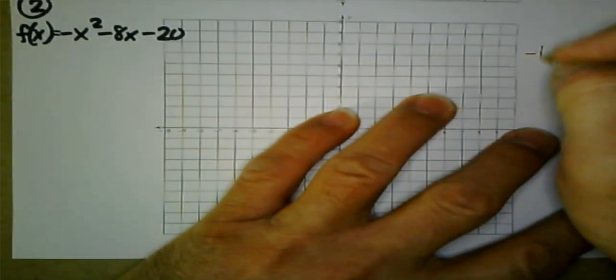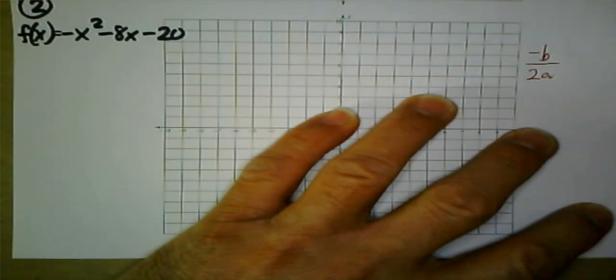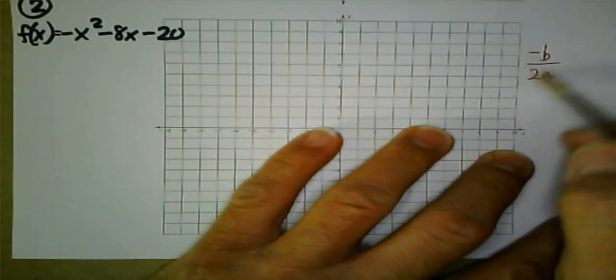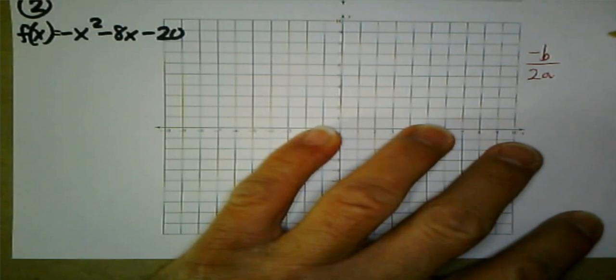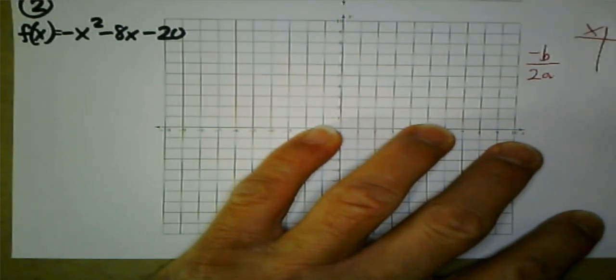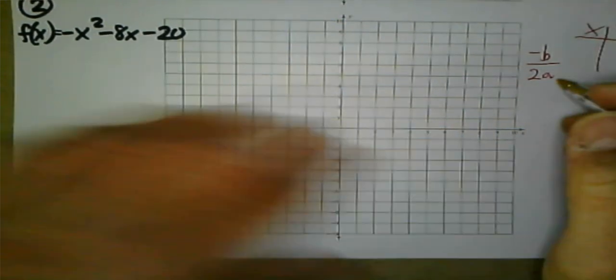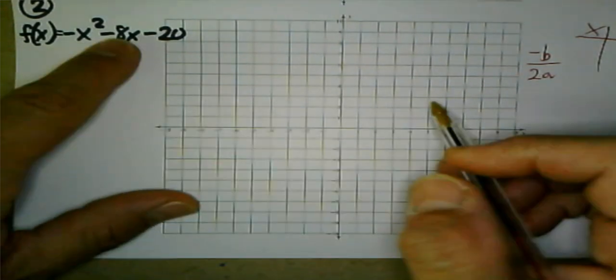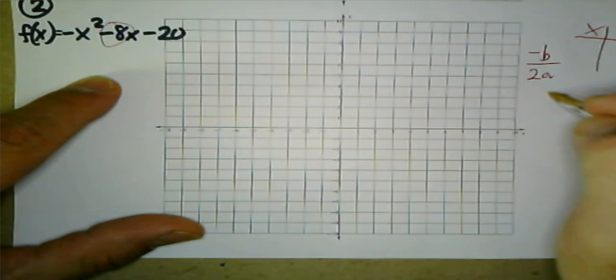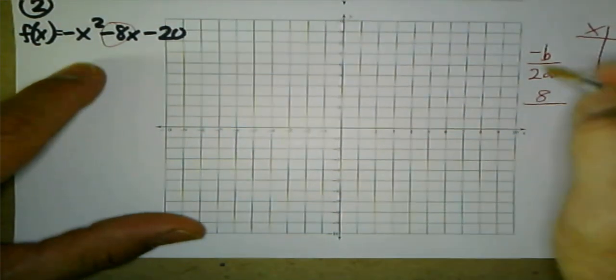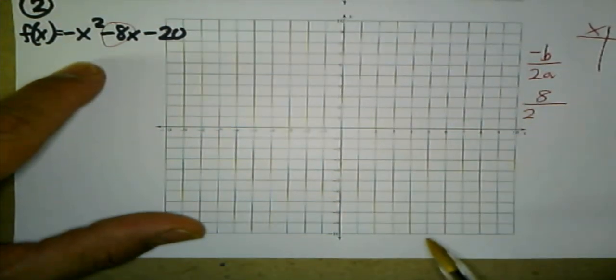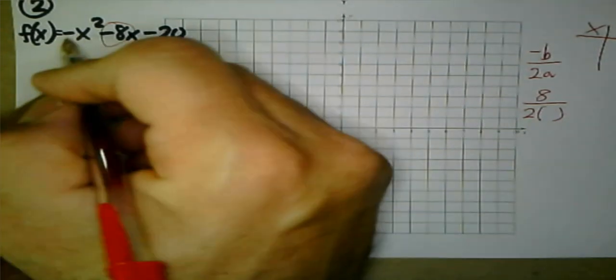So once again, we're looking for that -b over 2a. That is a constant thing. This tells you what x is, our first x value. So someone said 0, so let's take a look. We have the opposite of b, and b here is -8, so that makes it 8. We have that 2 right there, and we need the a, and a happens to be what?